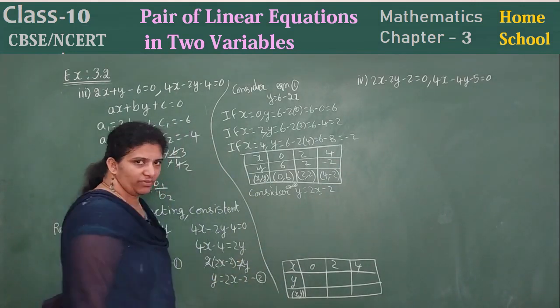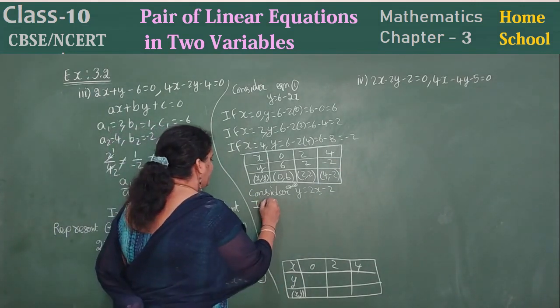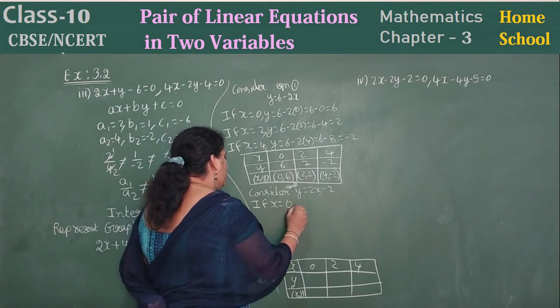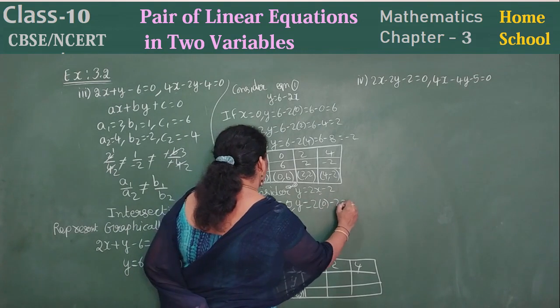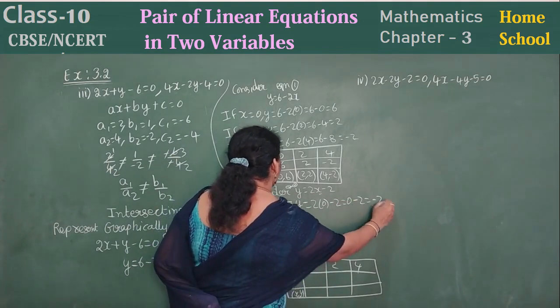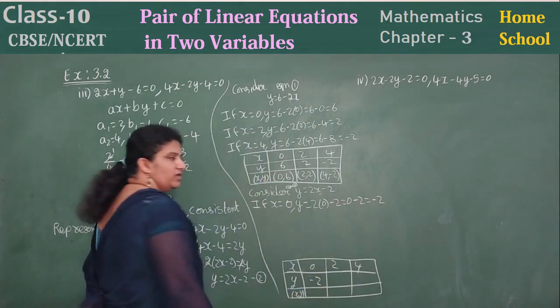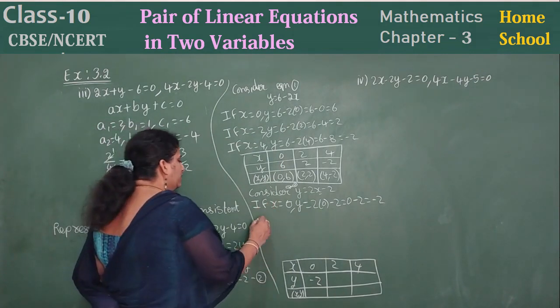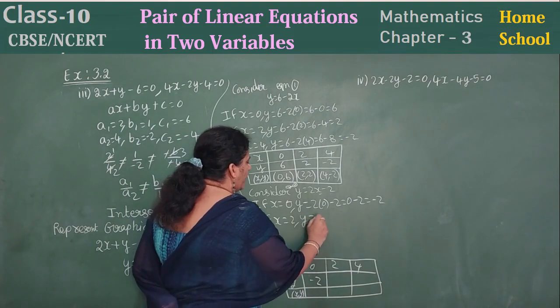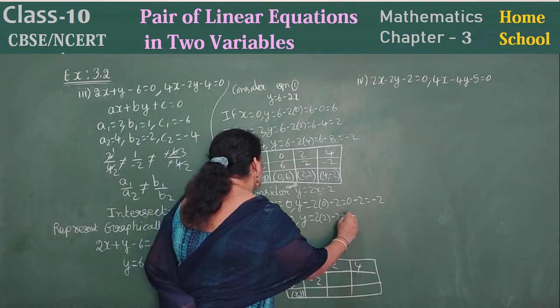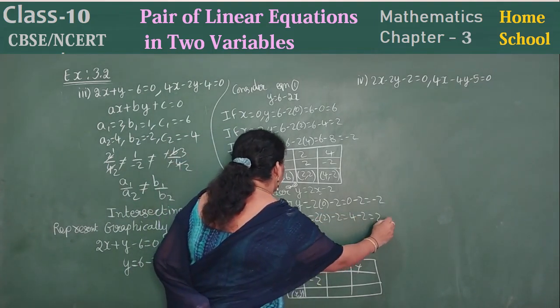Consider the next equation. If x equal to 0, y is equal to 2 into 0 minus 2, that will be 0 minus 2, which is minus 2. Similarly, if x equal to 2, y is equal to 2 into 2 minus 2, 4 minus 2 will be 2.